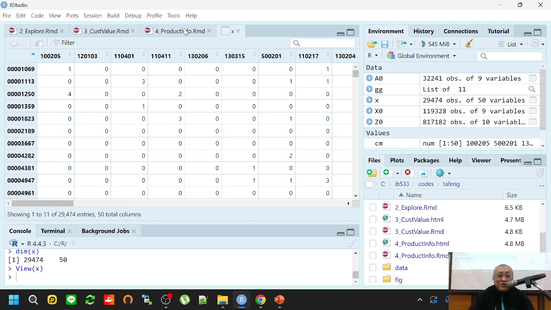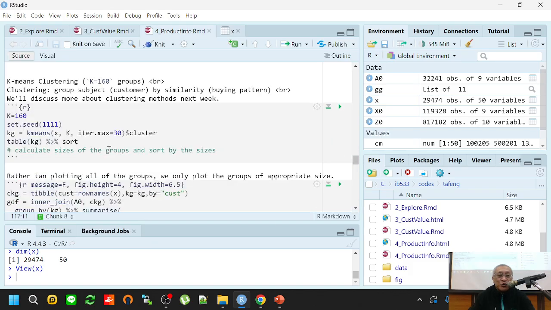Okay, so now the next thing I want to do is a clustering. Actually, we will discuss more about clustering next week. This week is about grouping customers by clustering. By clustering, it means that we want to group subjects.